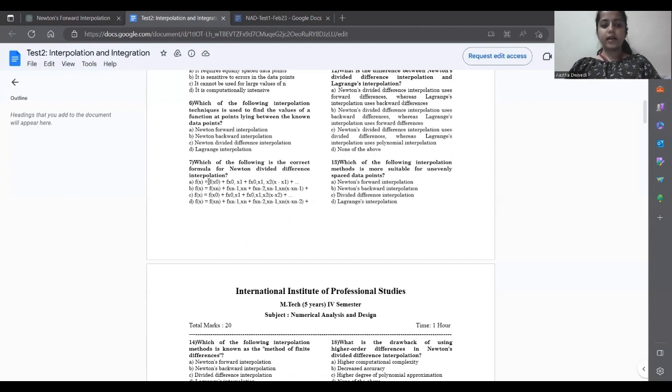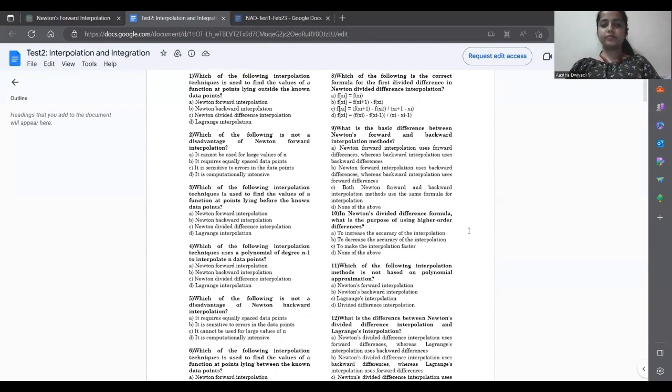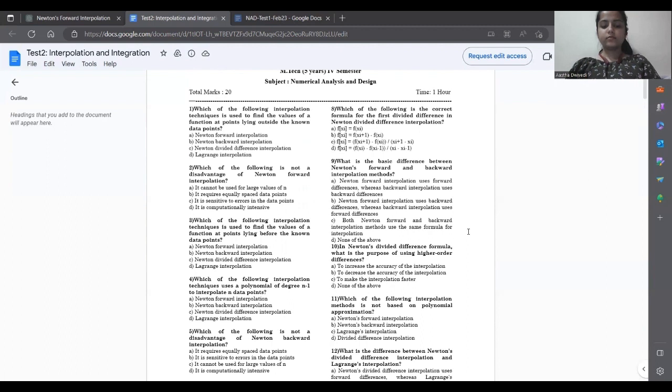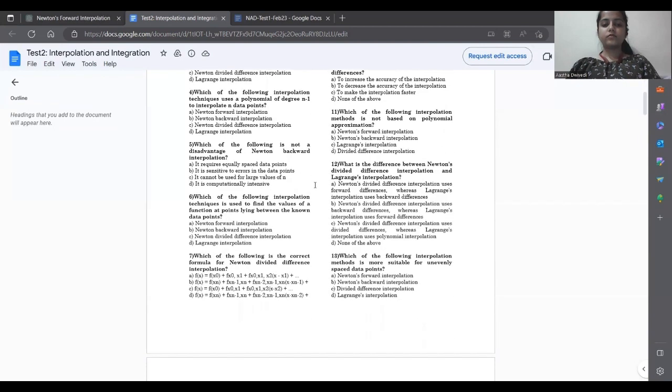So we can clearly see that A is the correct formula for Newton divided difference interpolation. Next question.